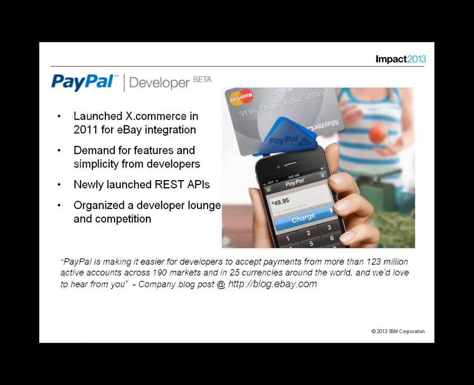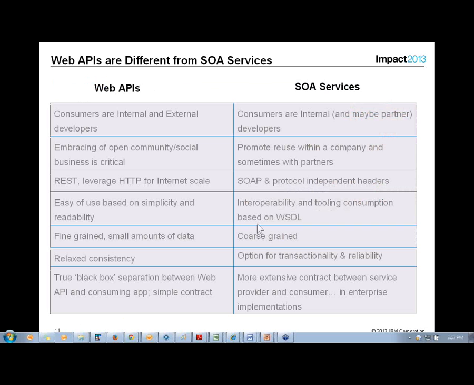So it's more to do with reaching out to the external community rather than the internal community. It is a lot more relaxed. There's very quick documentation. So I would say ramping up using APIs and ramping up using traditional web services are two different ball games, right?